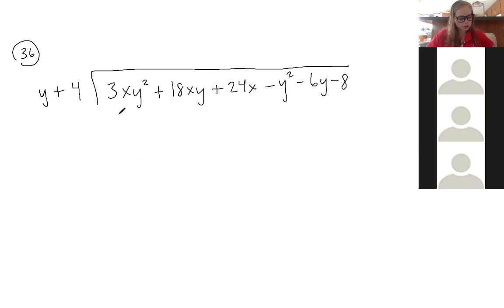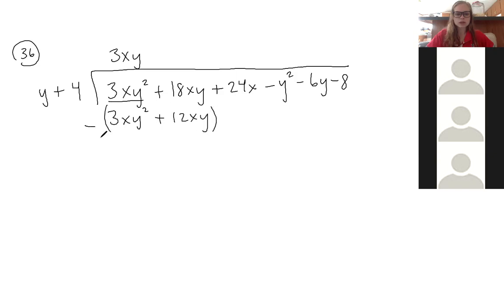So 3xy squared divided by y. What times y will get me 3xy squared? Well, 3xy, right? So 3xy times y, that's 3xy squared. 3xy times 4 is 12xy.